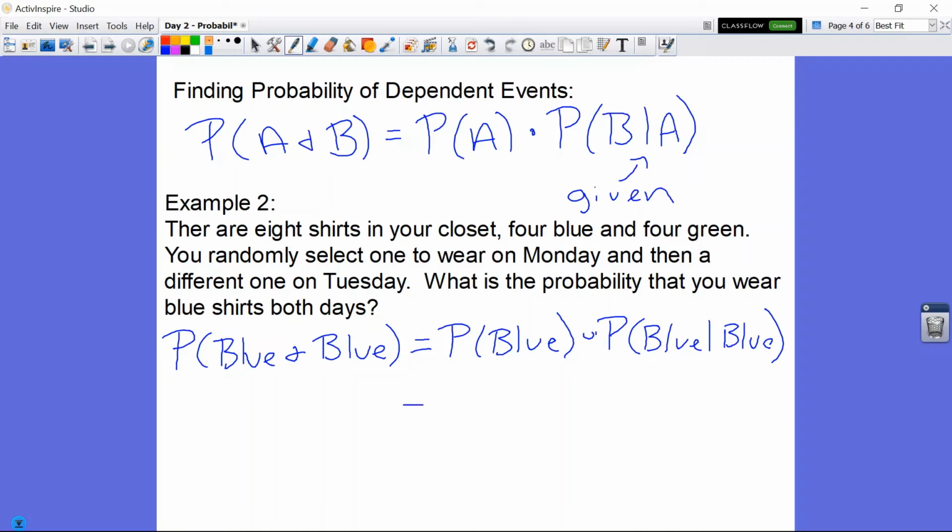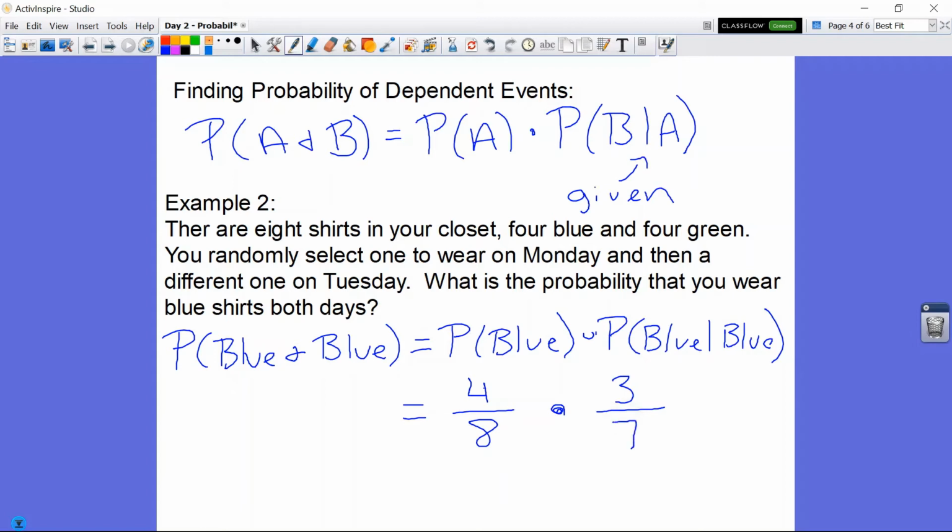All right, so what that looks like is the probability of a blue shirt. There are 4 blue shirts out of a total of 8 shirts. And then if we've already picked a blue shirt, there would not be 4 blue shirts anymore. There will be 1 less than that because we've already worn one. Same idea for the denominator. There will not be 8 total shirts that we're picking from anymore.